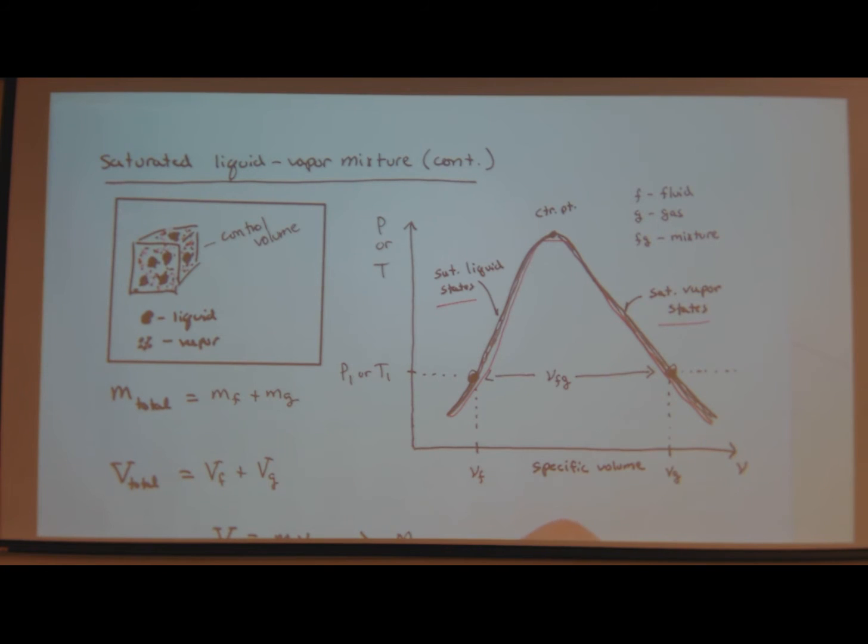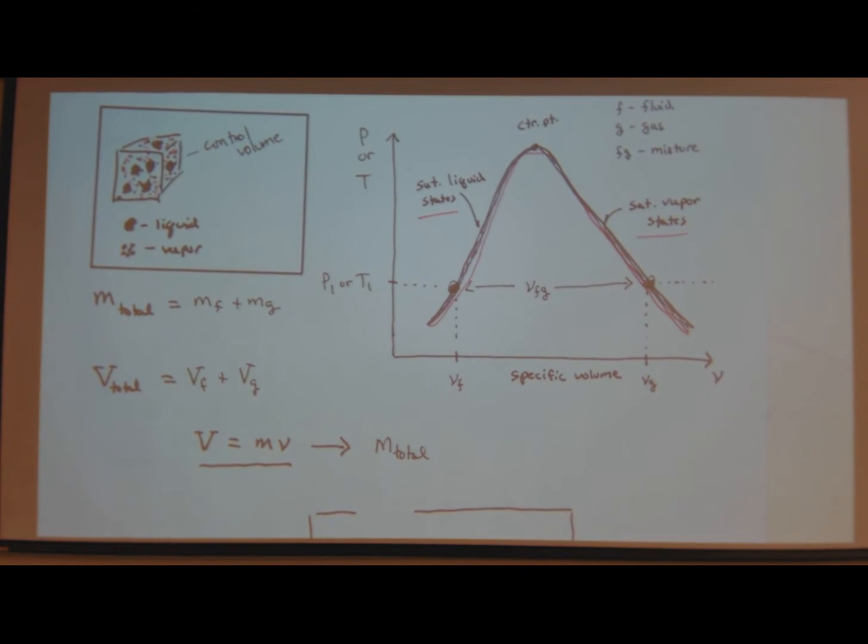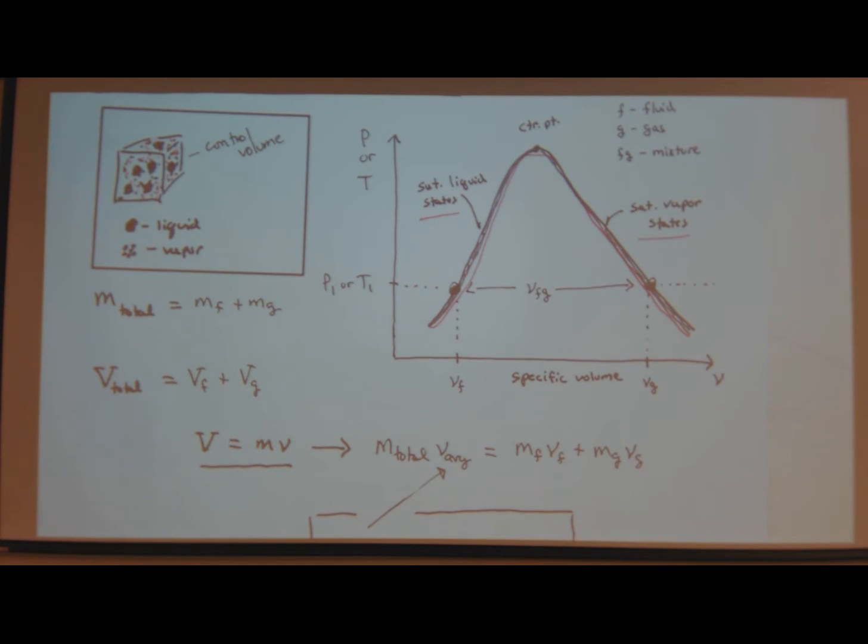So I get mass total times the average specific volume, and then I can rewrite this as the mass of the fluid phase times the specific volume of the fluid phase plus the mass of the gaseous phase times the specific volume of the gaseous phase. And this average specific volume, I can express in equation form.